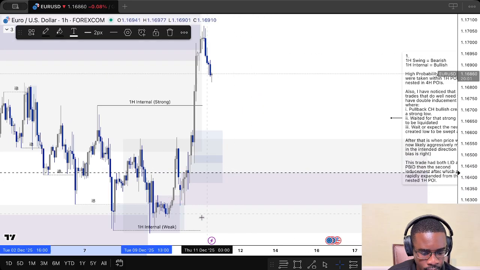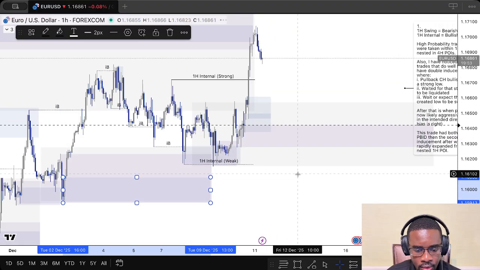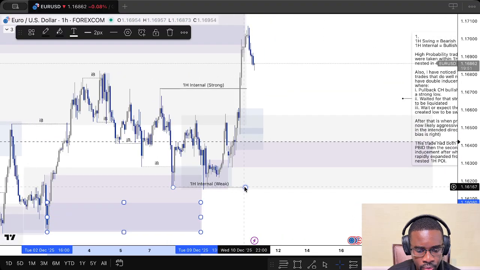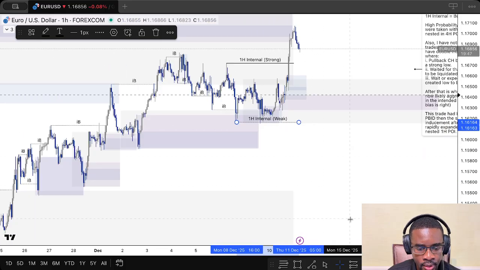So nothing has happened there. We had a sweep of this week low, and now we've gone on to break structure to the upside.